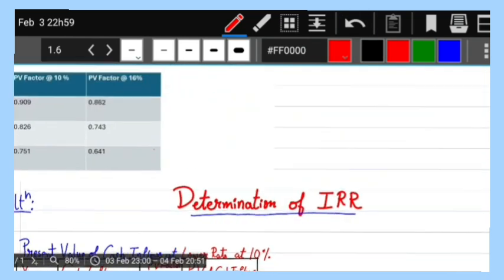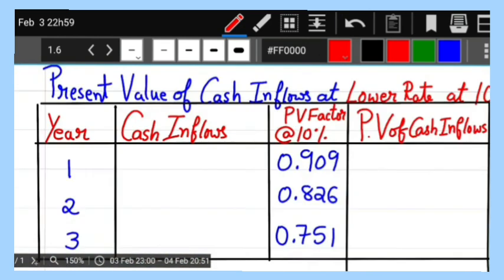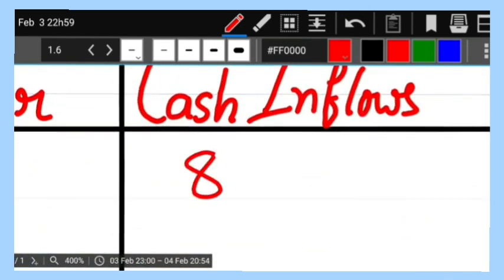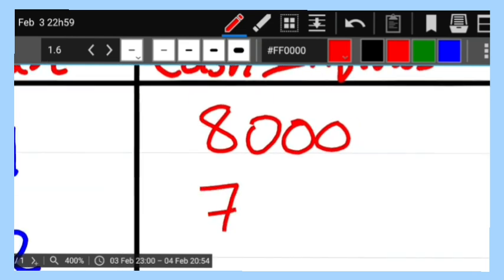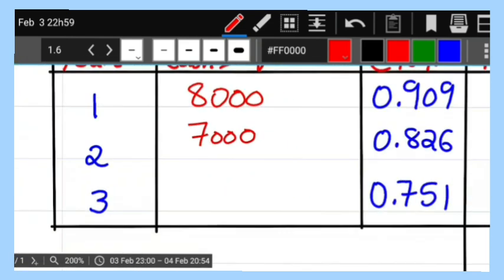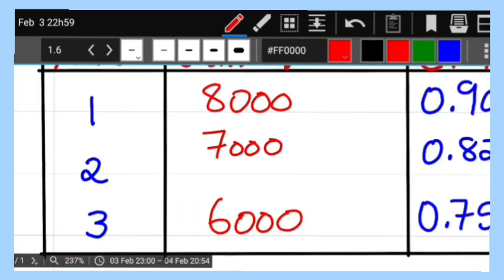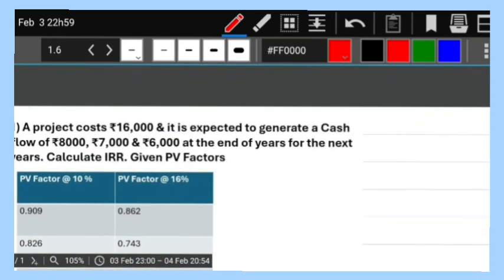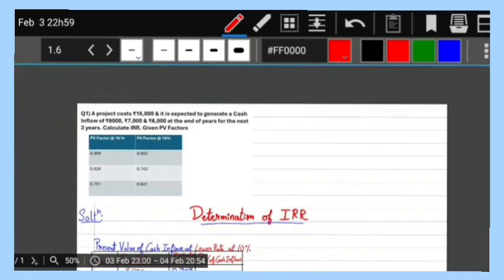Here in this question, cash inflows are already given: rupees 8,000, rupees 7,000, rupees 6,000. We'll write the same, 8,000, 7,000 and 6,000 is the cash inflows.